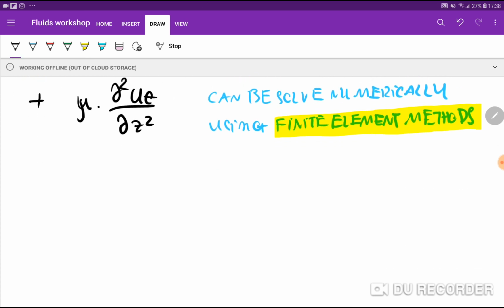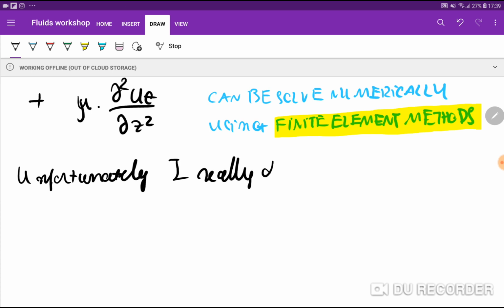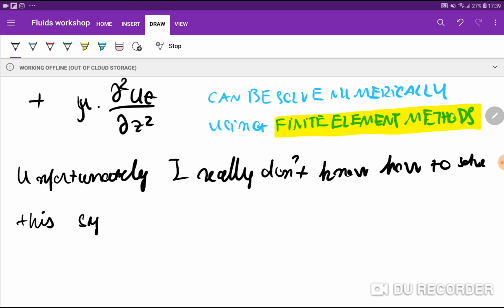Unfortunately, I really don't know how to solve this system analytically.